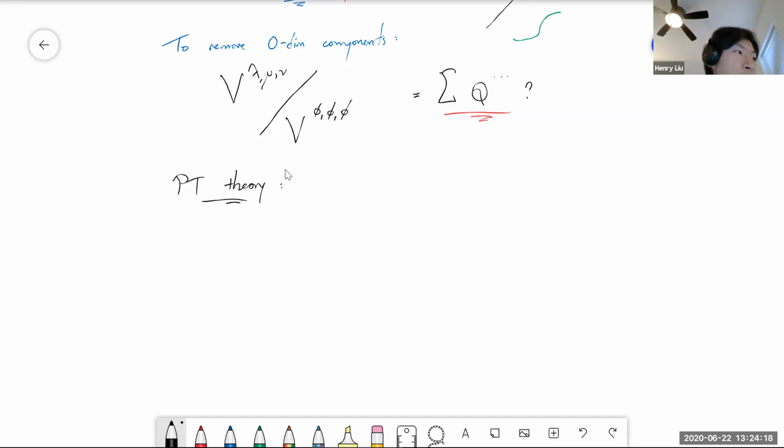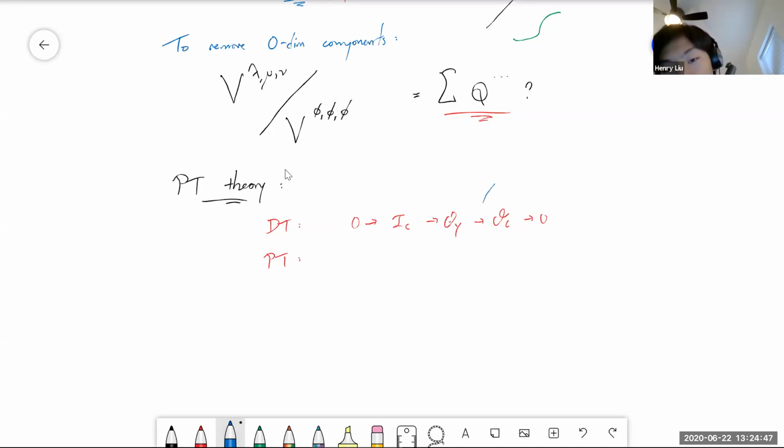And very roughly speaking, what's PT theory? PT theory is where you say, okay, we used to have a short exact sequence like this. Now in PT, we relax the condition that this map has to be surjective.